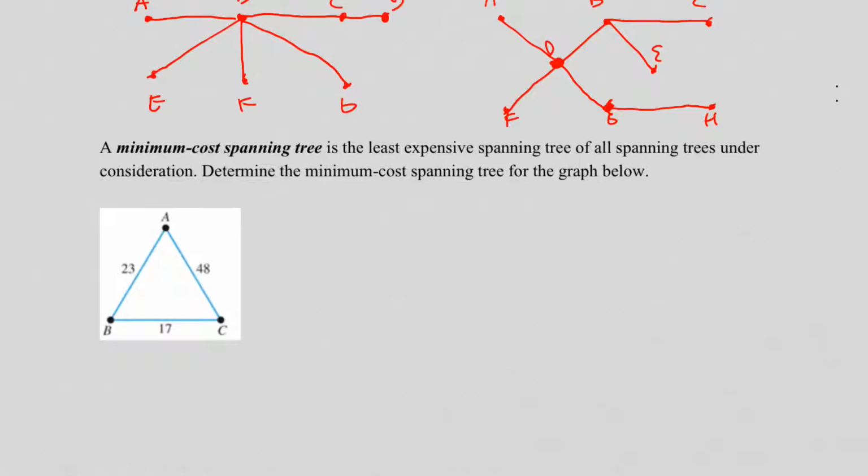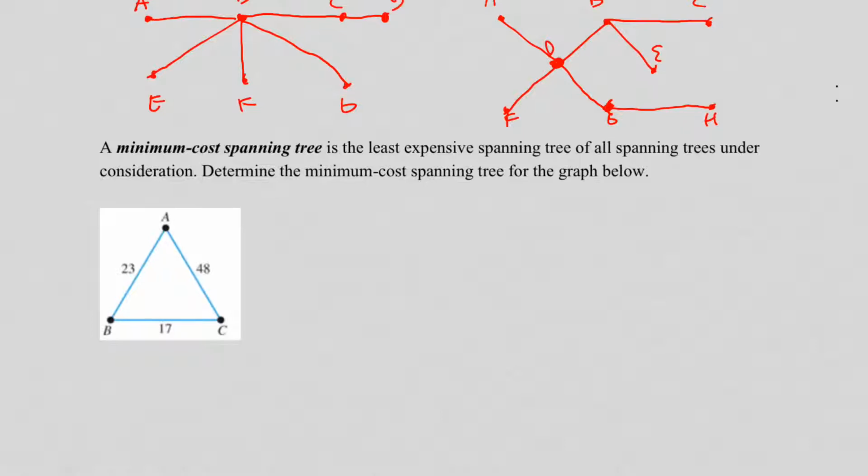It could be travel. So we want to be able to have the minimum cost of whatever project that we're working with. So in this case, this is a triangle, all right? And there's different trees you can do with this.